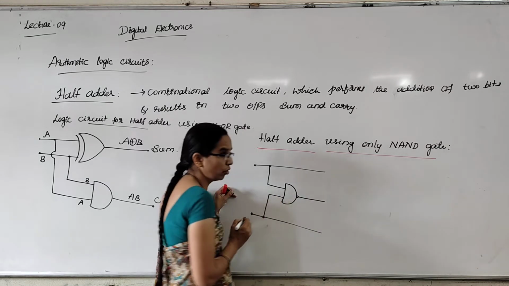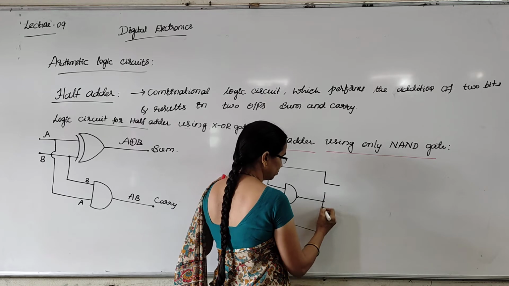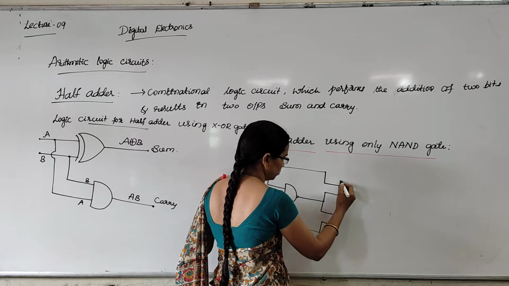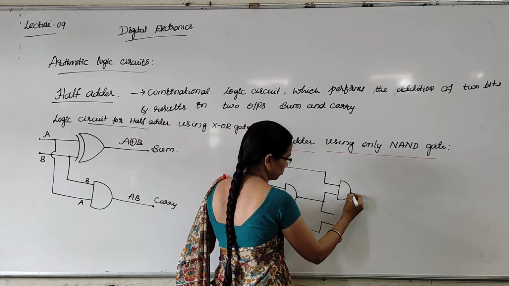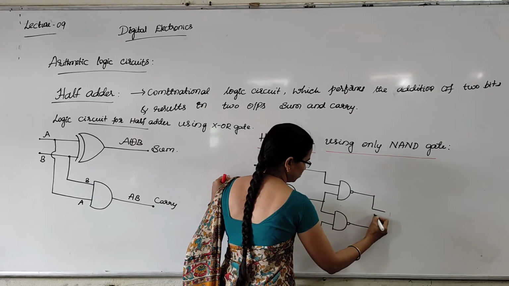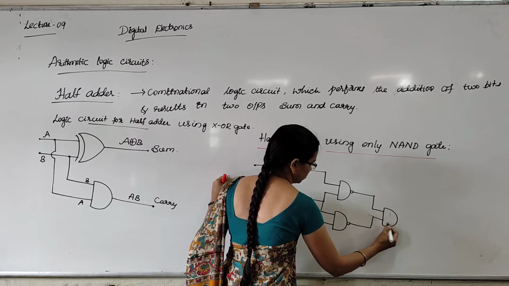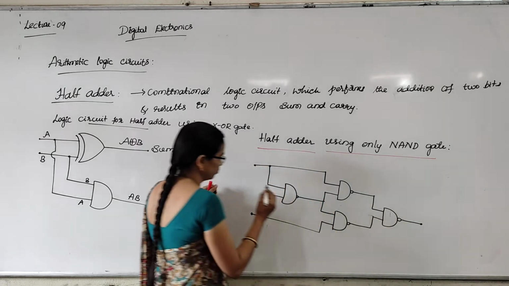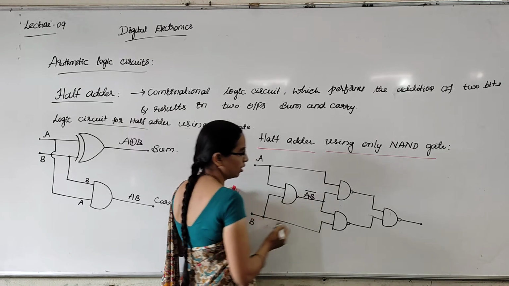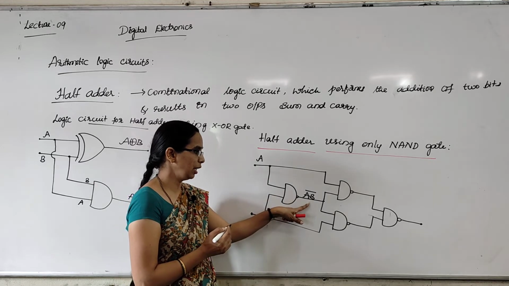We have already drawn the XOR gate using NAND gates. It's A, B bar. What will be the output here? A and B are the inputs. It will be AB bar.